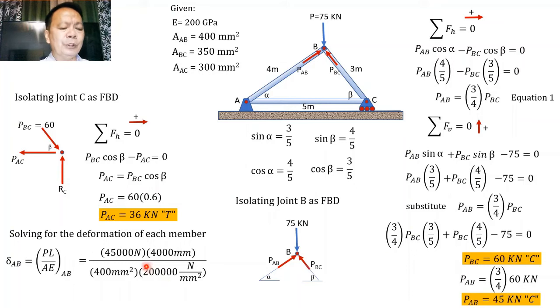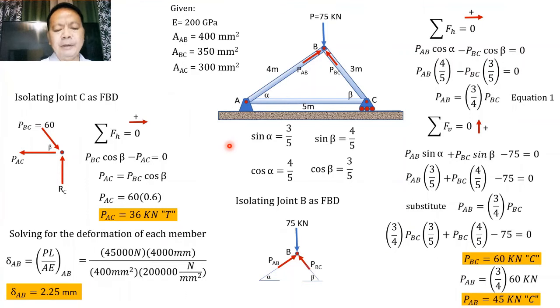Now if we cancel the units, you will notice that newton will cancel as well as square millimeter. What will remain is the unit of millimeter, and the value for the deformation of AB is equal to 2.25 millimeters.